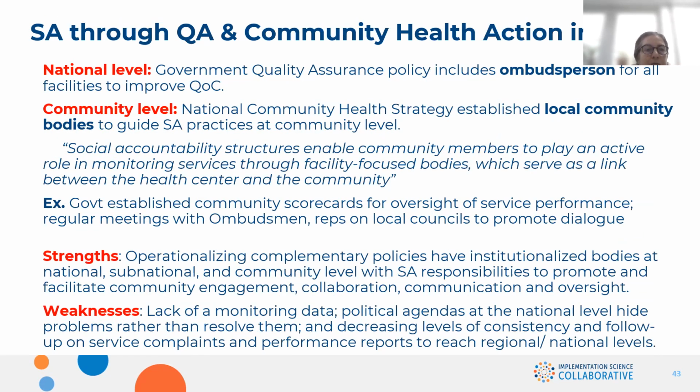Next slide. In Malawi, it was a different structure. It was a national government quality assurance policy, which included an ombudsman in all the facilities to improve the quality of care. This program had started with CARE and Malawi, the World Bank, and other international partners, which had incorporated social accountability practices and structures into the quality assurance and community health improvement strategies to increase accountability for health for the population.